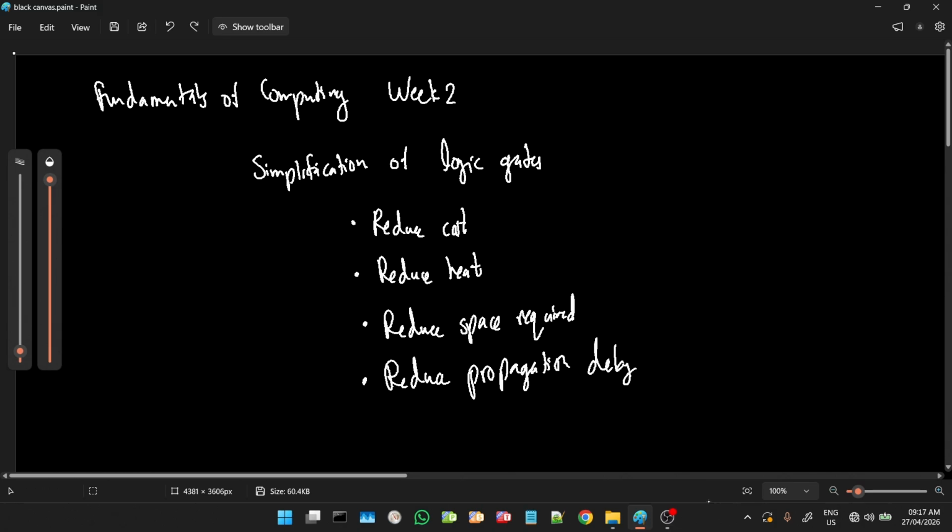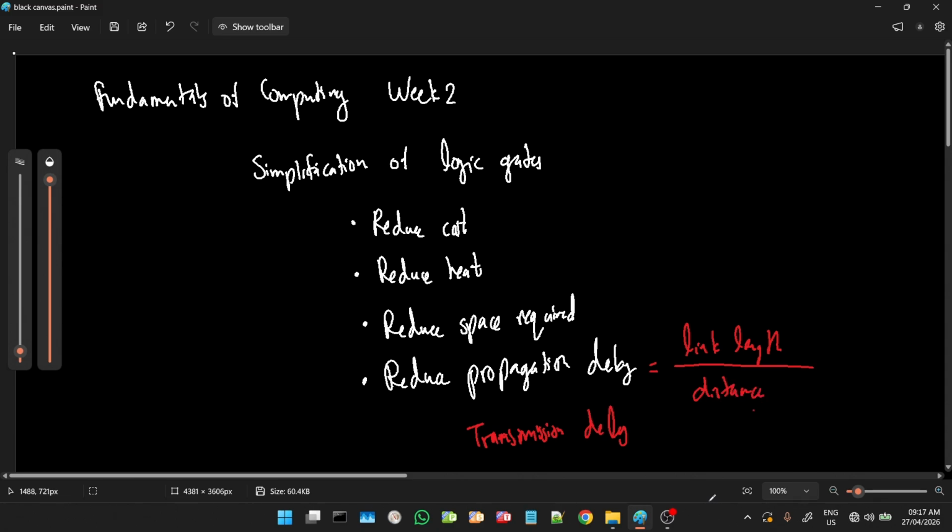Now, in data-driven communication, we learn two types of delays. One is propagation delay and the other one is transmission delay. Propagation delay is length over distance, right?